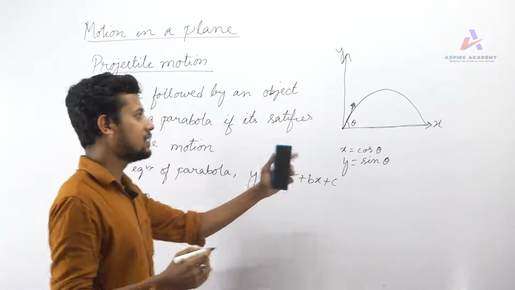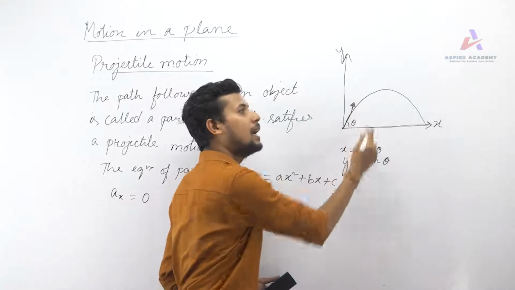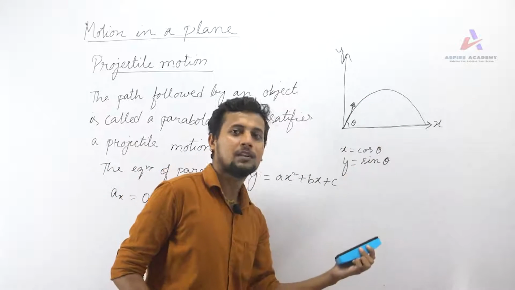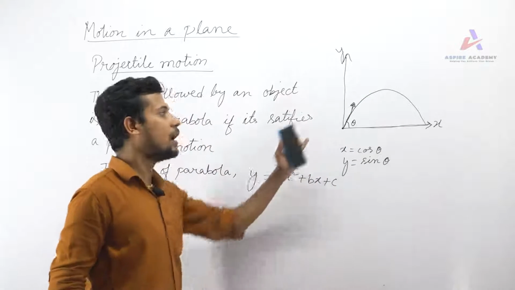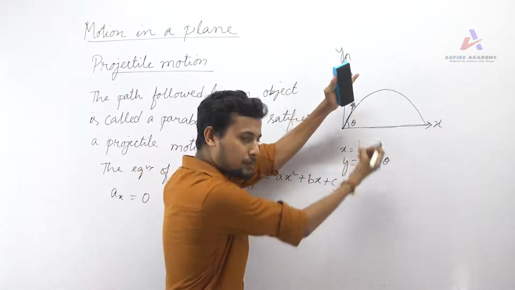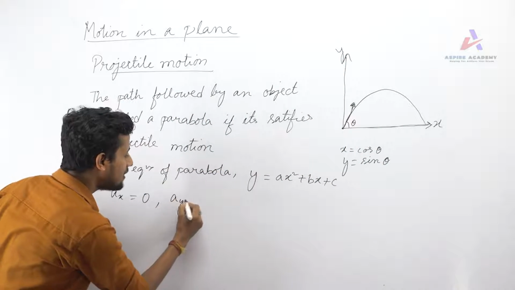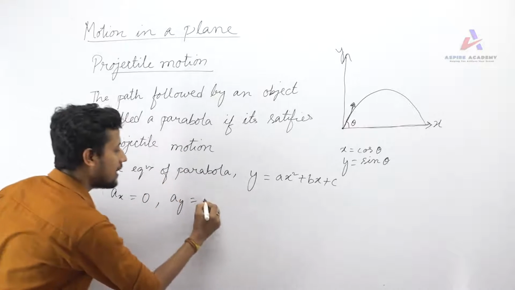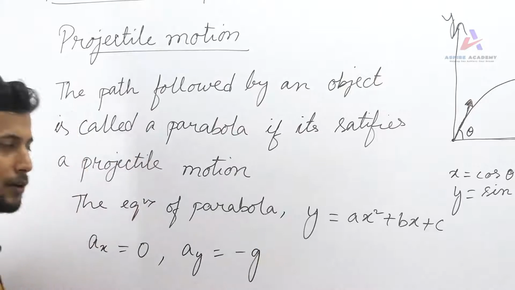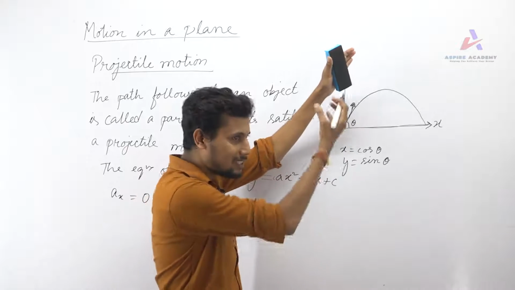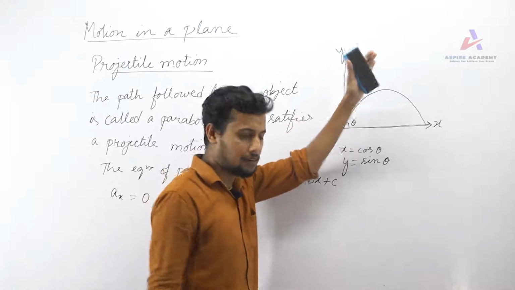But along the y-axis, when the object is going upwards, gravitational pull is pulling it downwards. So the acceleration along the y-axis is minus g, because the direction of the object's motion is against the direction of the gravitational pull.